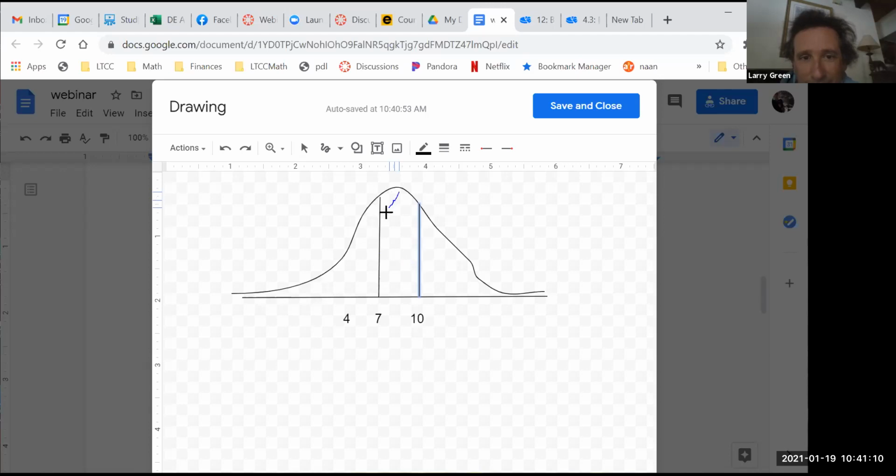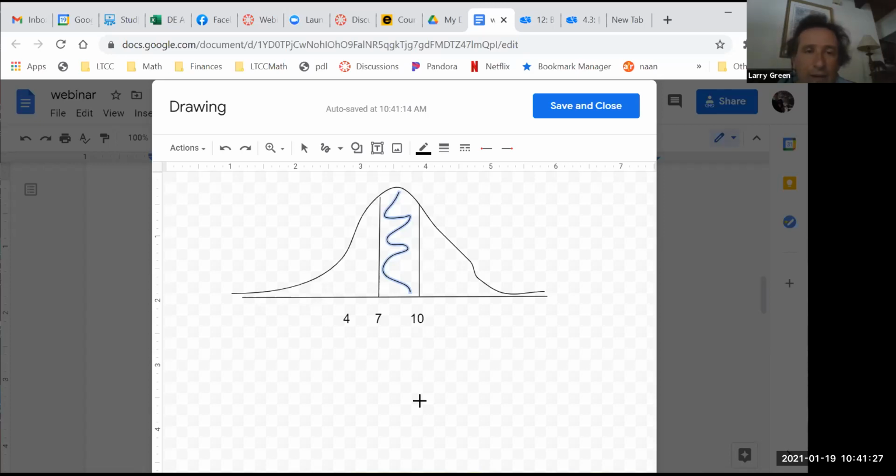Let's try again. Okay, so the area that I just drew is the probability of something being between 7 and 10.